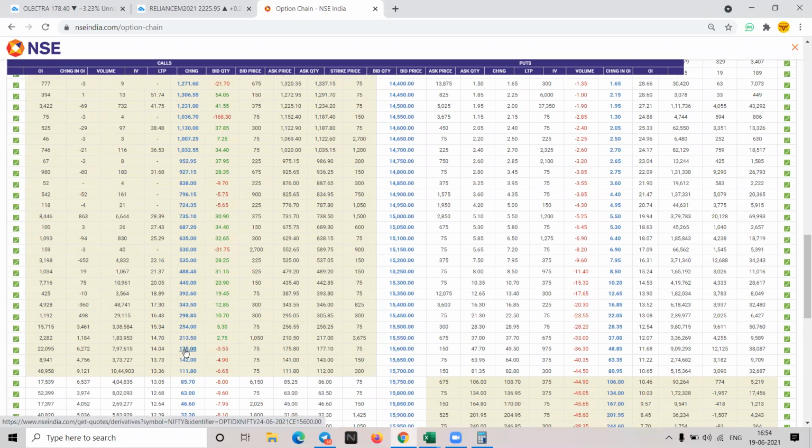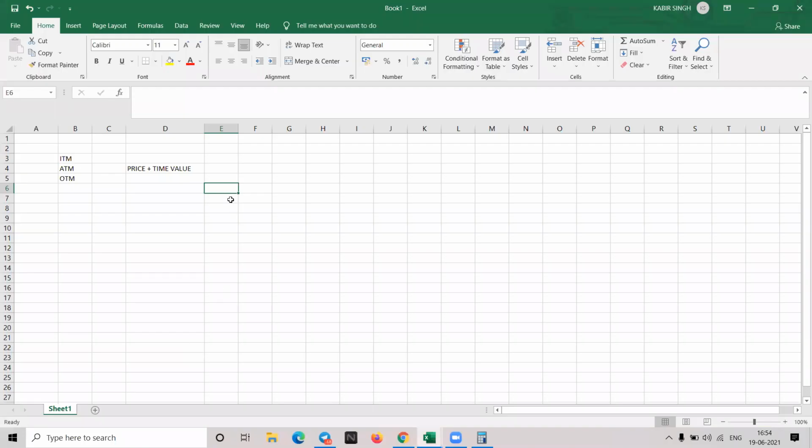At present, Nifty is 100 points above this strike price of 15,600. So this will have almost 100 rupees of price value, and the remaining is its time value. 100 rupees plus 75.